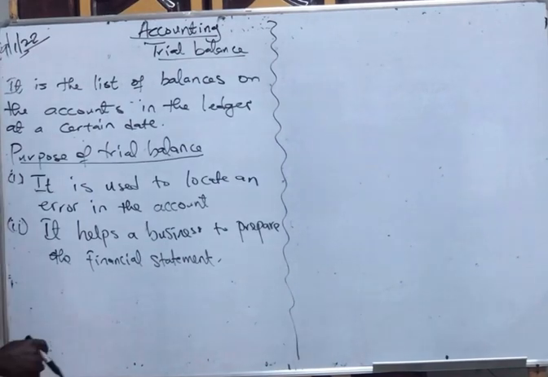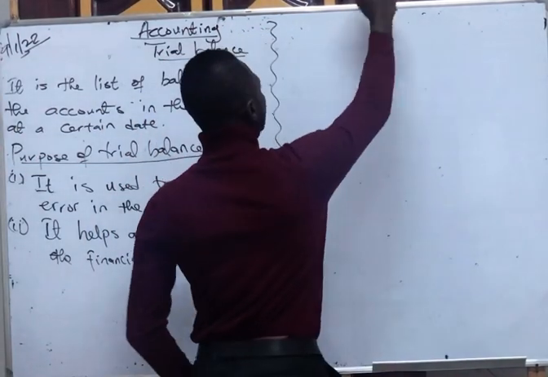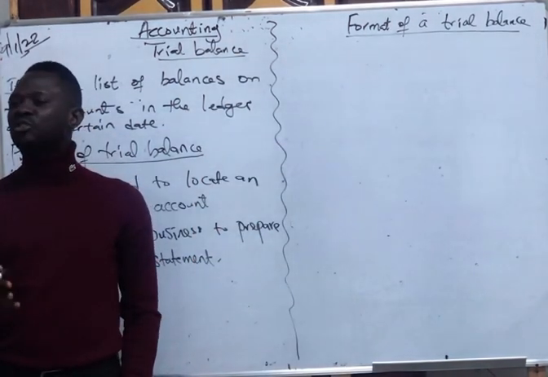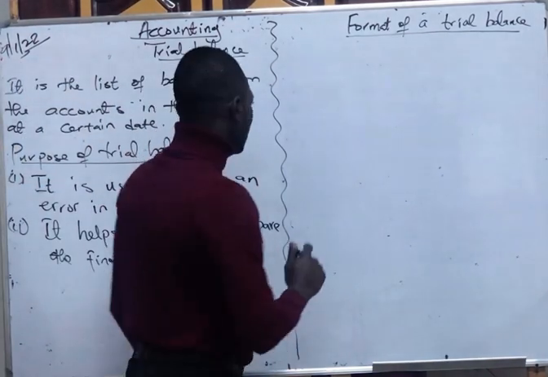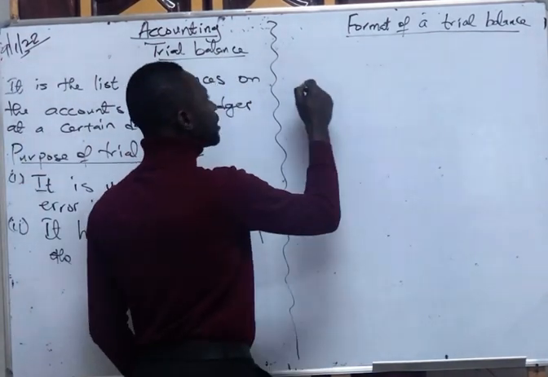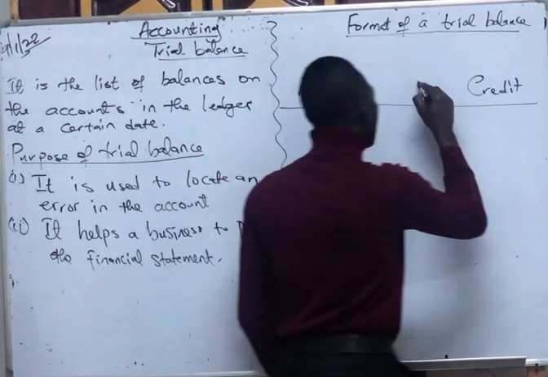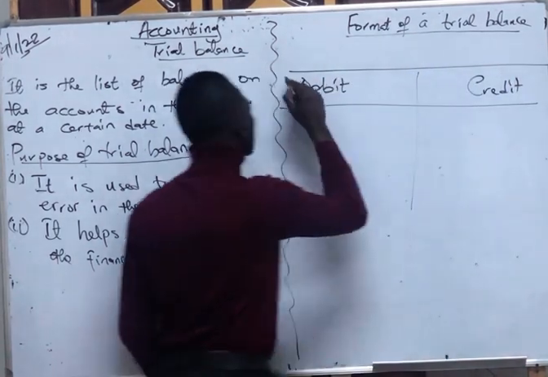So, I'm going to give you the format of a trial balance now. How do you record a trial balance? In business, in accounting, let's say we have our debits. And what are those things you place on your credit side? That's what we're talking about here.